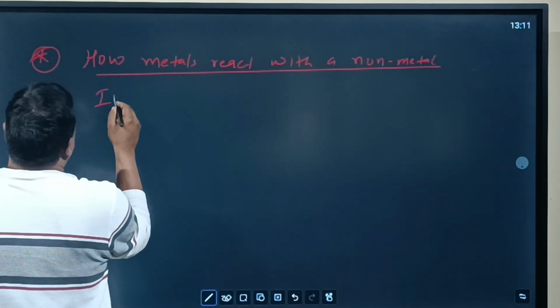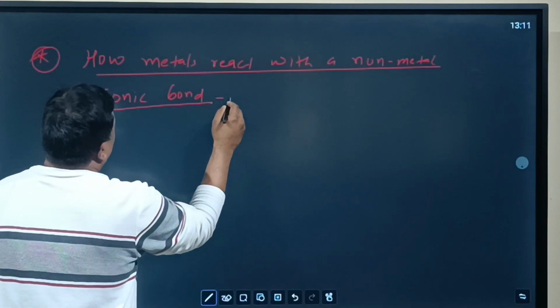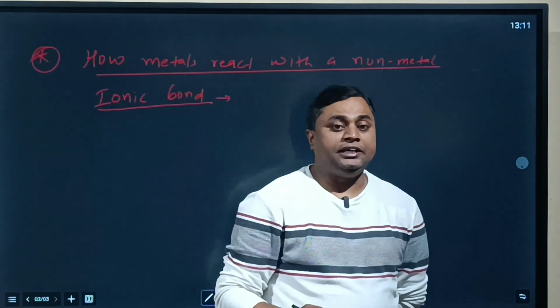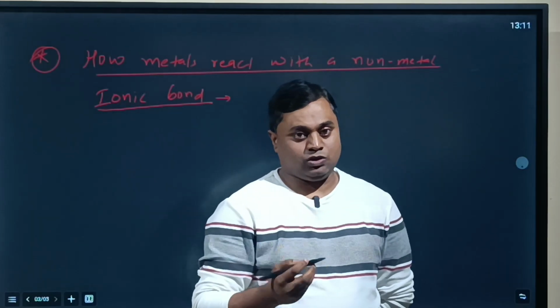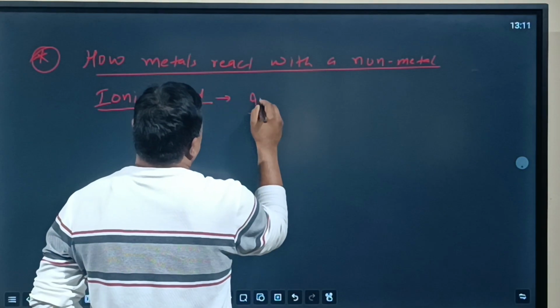Okay, so you need to understand what is ionic bond. It is a type of chemical bond which is formed by the transfer of electrons from a metal to a non-metal. We can write the definition.